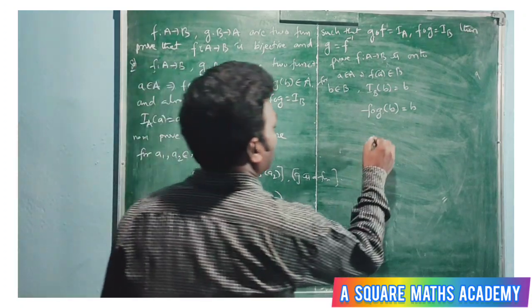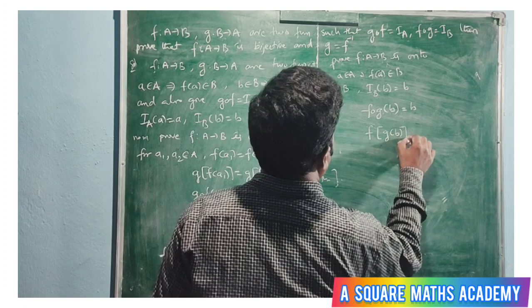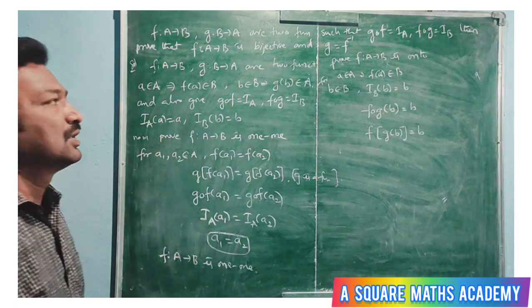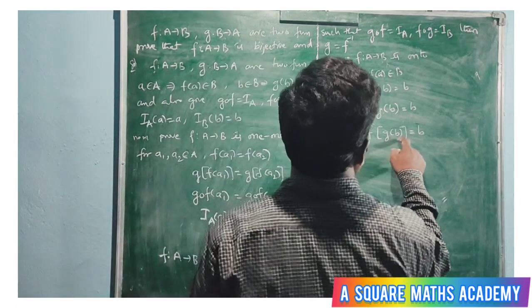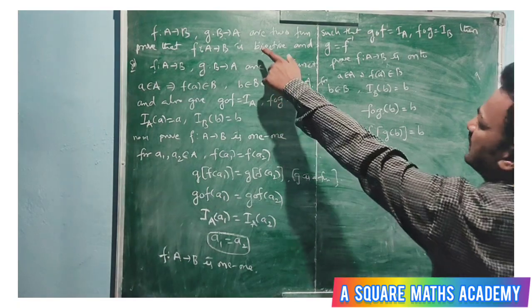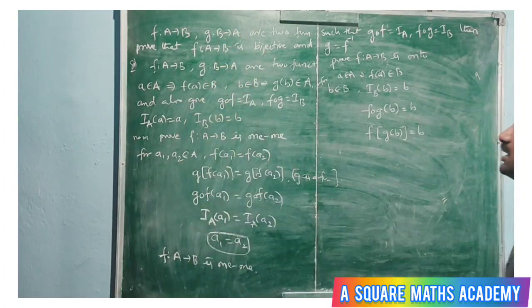So that is nothing but f of g of b equals b. Clear? So here, g is a function, so g of b becomes what? It becomes a, right? So g of b belongs to A.